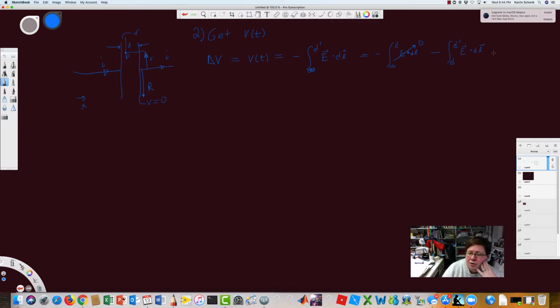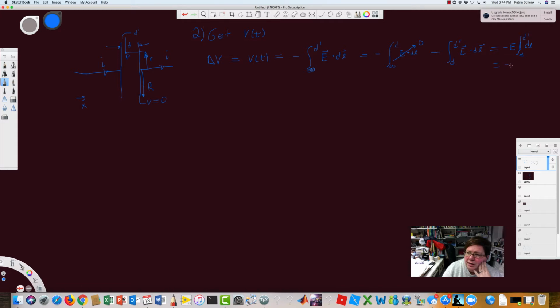Don't worry about how you're integrating in from. In other words, that dot product doesn't really matter right now for signs. And then, so this is going to be equal to minus E times the integral dl from d to d prime.